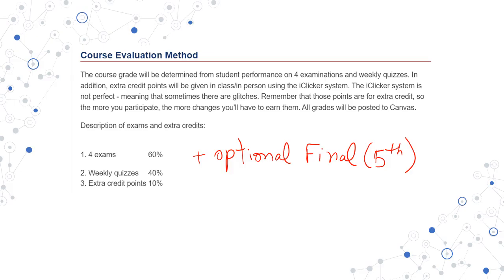All right. So we're talking about the cumulative final, right? So cumulative final, why would you want to take it? Let's say that you did not do very well in one of the 4 unit exams, right? And you want to improve your grade. So you study for the cumulative final, you take the cumulative final. If you do better, you can delete one of the grades for the 4 exams.